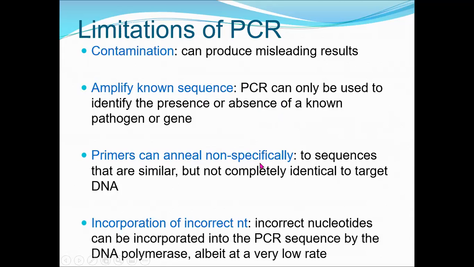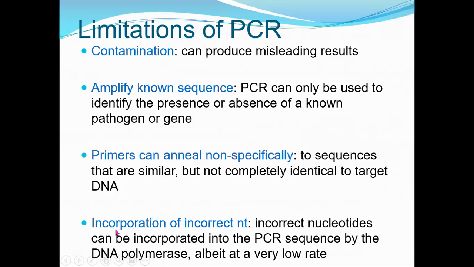If you have similar sequences present in the target DNA, the primer can bind non-specifically to that region and amplify it also, though that was not the region of our interest. So you have to keep in mind while designing the primers that you should design them in such a way that they won't co-amplify unnecessary regions of the template.